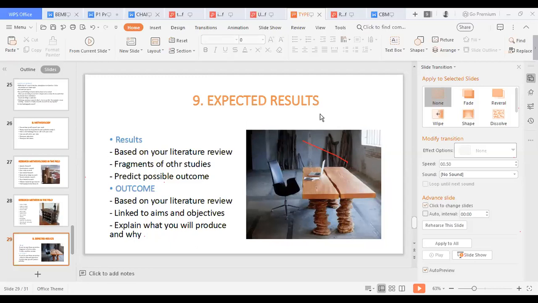So you need to state the possible outcomes of your research before even going to the field, so that after collecting and analyzing the data, you will be able to compare. Before I went to the field, I stated these to be my results. Now after doing my analysis, are these still correlating? So you need to state the possible results of your research even before going to the field, and this should be based on the literature review.